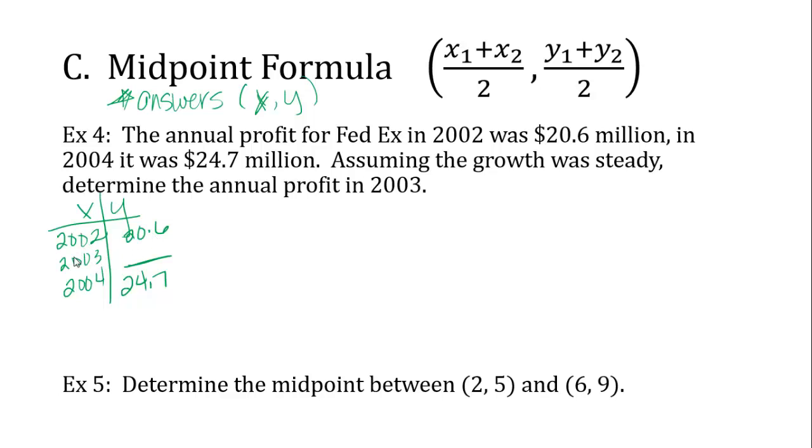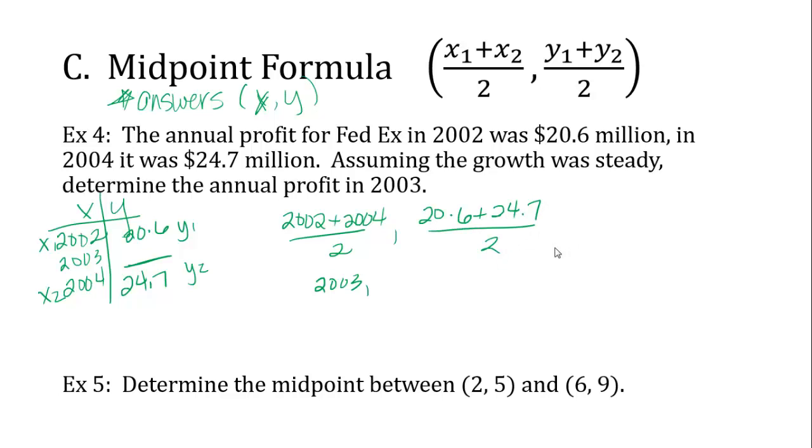So to take x1, I'm going to take 2002 plus 2004 divided by 2. We know that that's going to be 2003 because we know that's the midpoint. Then I take 20.6 plus 24.7, and then I have to divide by 2.